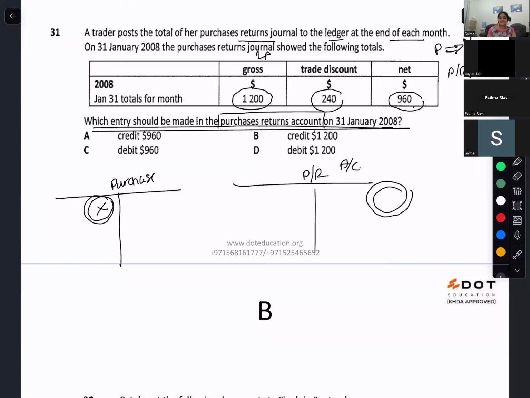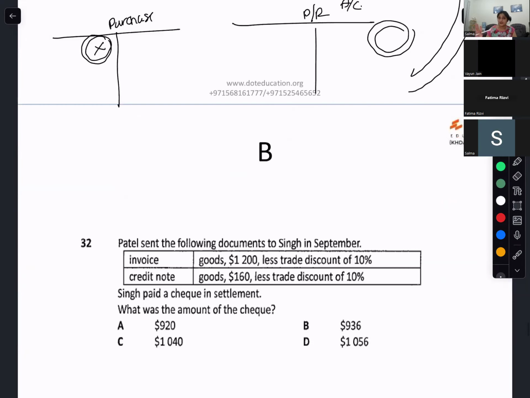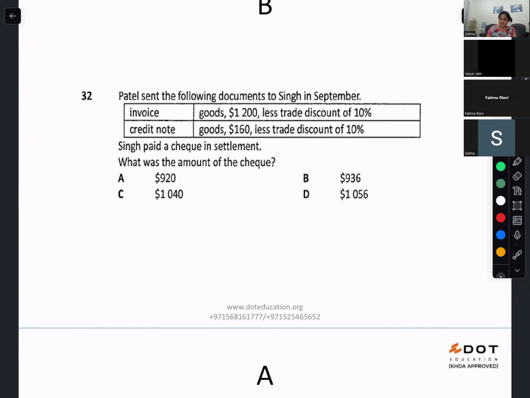It'll be net list price. Purchase account has what balance? Debit. So purchase return will have what balance? Credit. So when you're posting, how much amount will you post? 960, to the credit side. Done. I was just understanding the question, nothing else. Okay, miss.